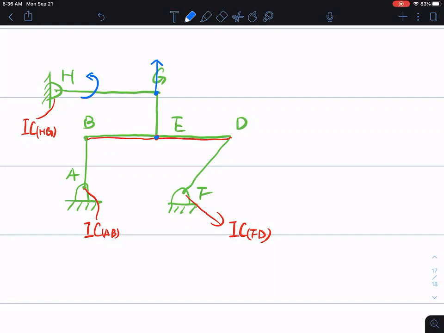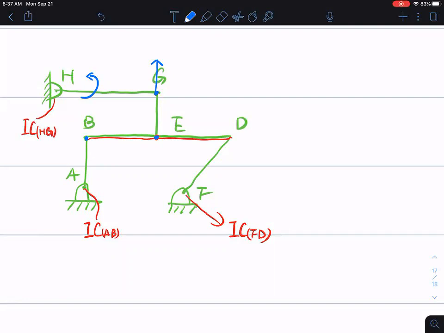Let's look at the rigid body BD. I think it would be easier to find the instant center for BD. First, what's the direction of point B? Point B will either move that way or that way.